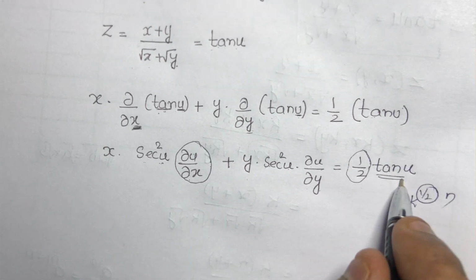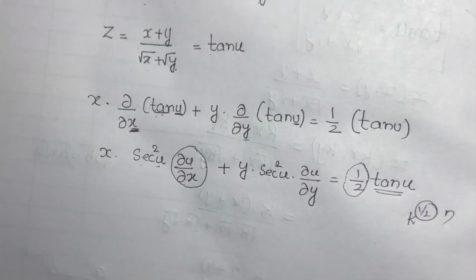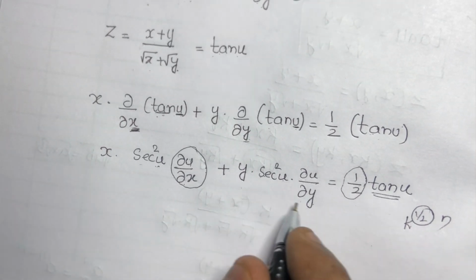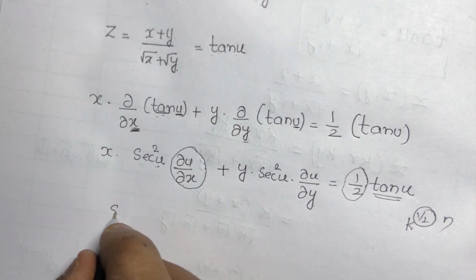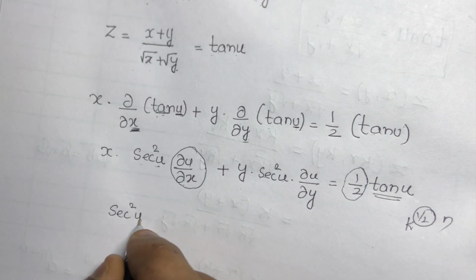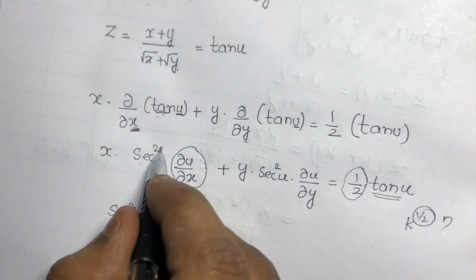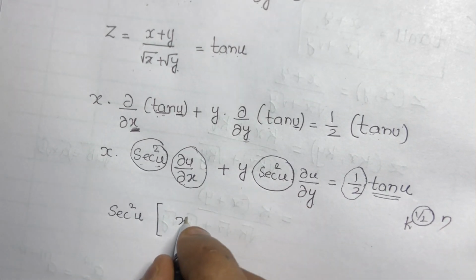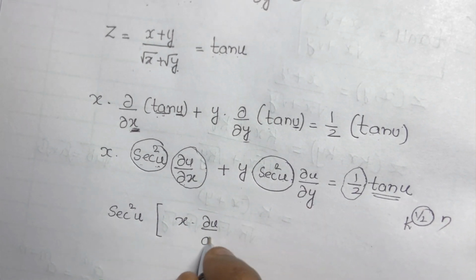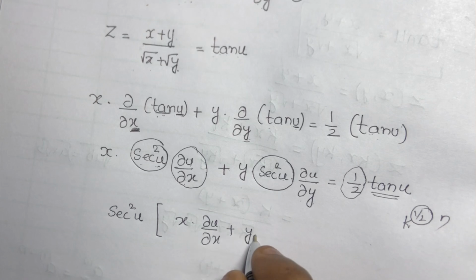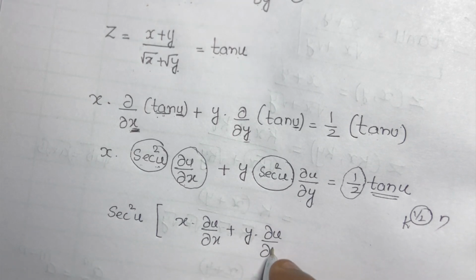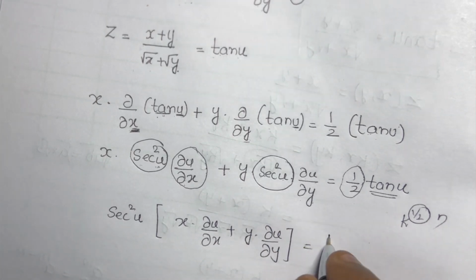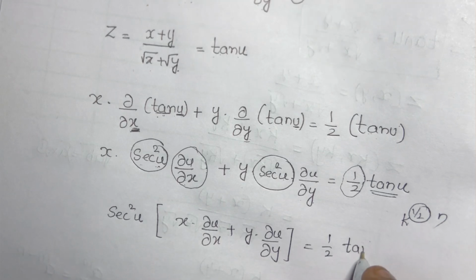So tan u is z, and from this entire equation, if you observe, I can take secant square u as common. Taking this secant square u common, what is left is x into ∂u/∂x plus y into ∂u/∂y, which is equal to 1 by 2 tan u.